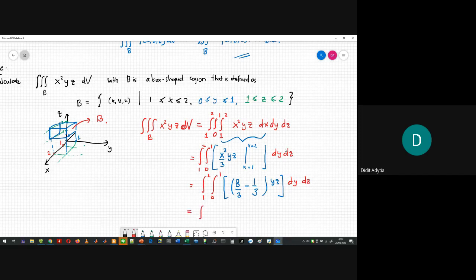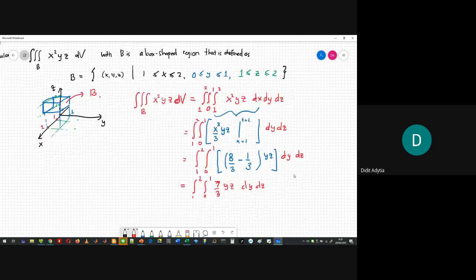And then this is, I write down again. So this one is become, this is 1 and 2, 0, 1. And this one, 8 dikurang 1, it's 7. It is 7 over 3. Okay, 3. Y, z. And then the rest is dy dz.